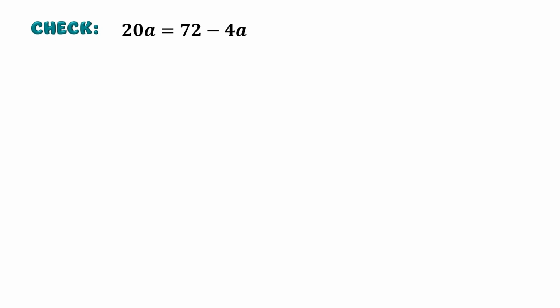So let's check our answer. We said that a is equal to 3, so we're now going to substitute 3 for a everywhere that it appears in our equation. And remember that our goal is to make sure that both the left and the right-hand side of the equation equal the exact same thing. So 20 times 3 will equal 60.